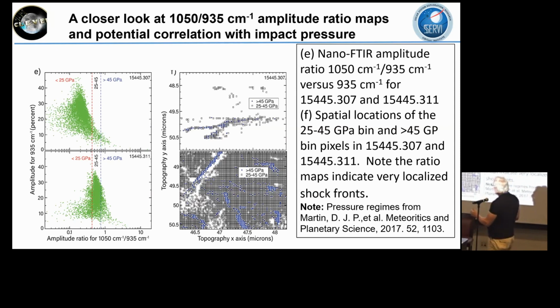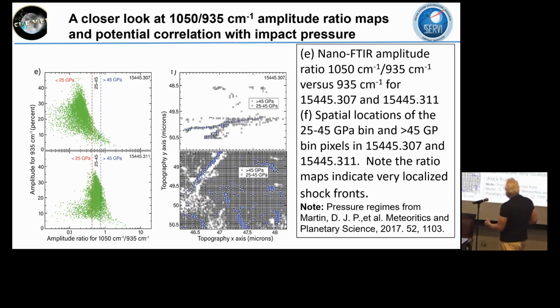The other side of the sample is different. The inside of the sample and the outside of the sample are different. They're all clustering right around here. These are lower pressures, these are higher pressures, and then you have a bunch that are going into pretty high pressures. And so then you can recalculate this, or take these amplitude ratios and plot them on a topographical map. And you can see that you have these damaged zones.